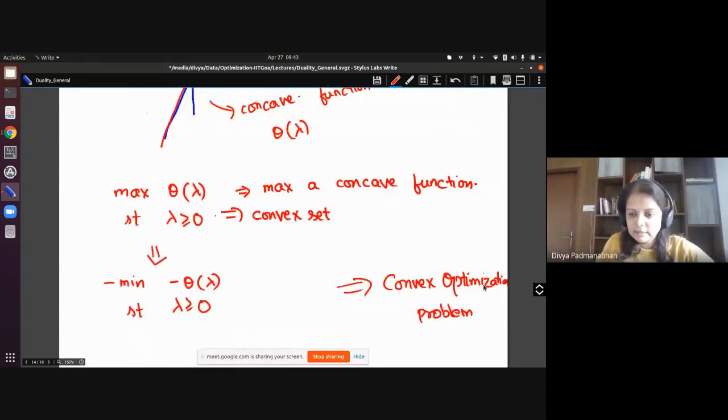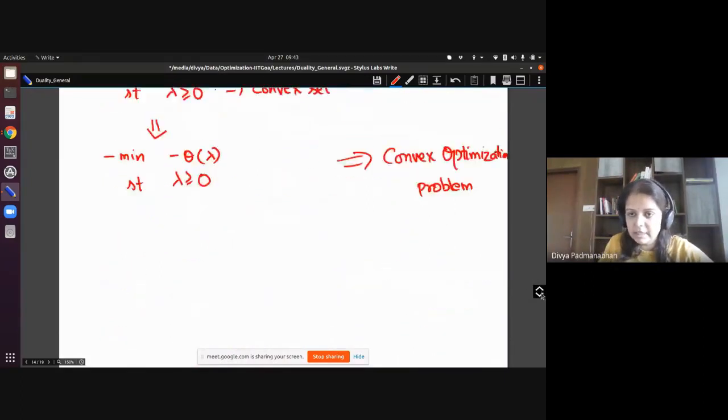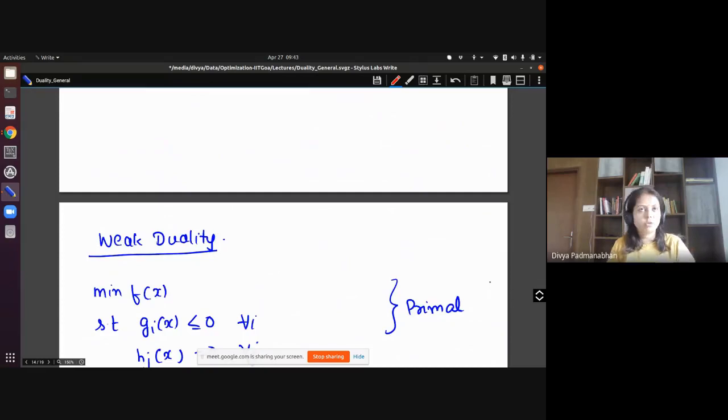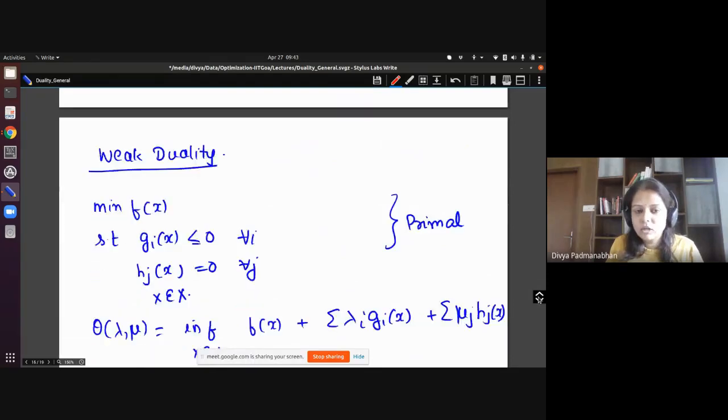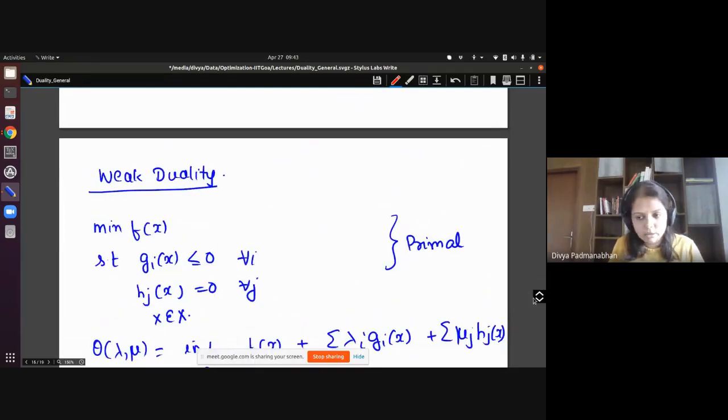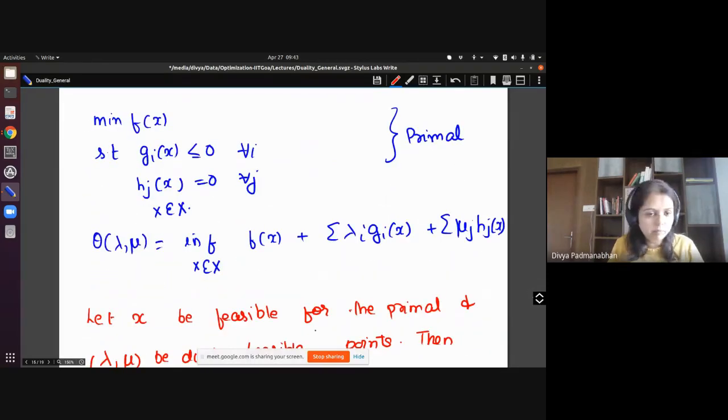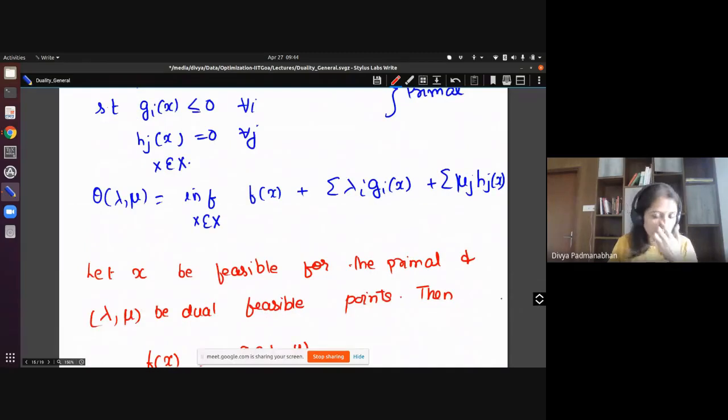So let's move on a little bit. I wanted to also talk to you about the concepts of strong duality and when it holds. We saw that the dual is always going to be a lower bound for the primal, by the way we construct it. Suppose you have a feasible point x, and lambda and mu are feasible points for the dual.